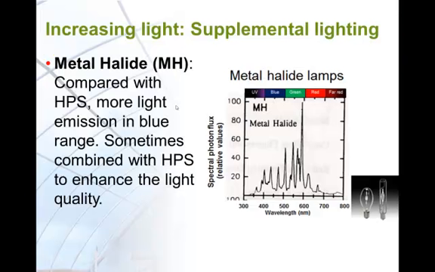Another common light source may be the metal halide lamp, with very different spectral characteristics compared to high pressure sodium. It has more blue component and even UV, 300 to 400. And then again, that's red, and very little far red.